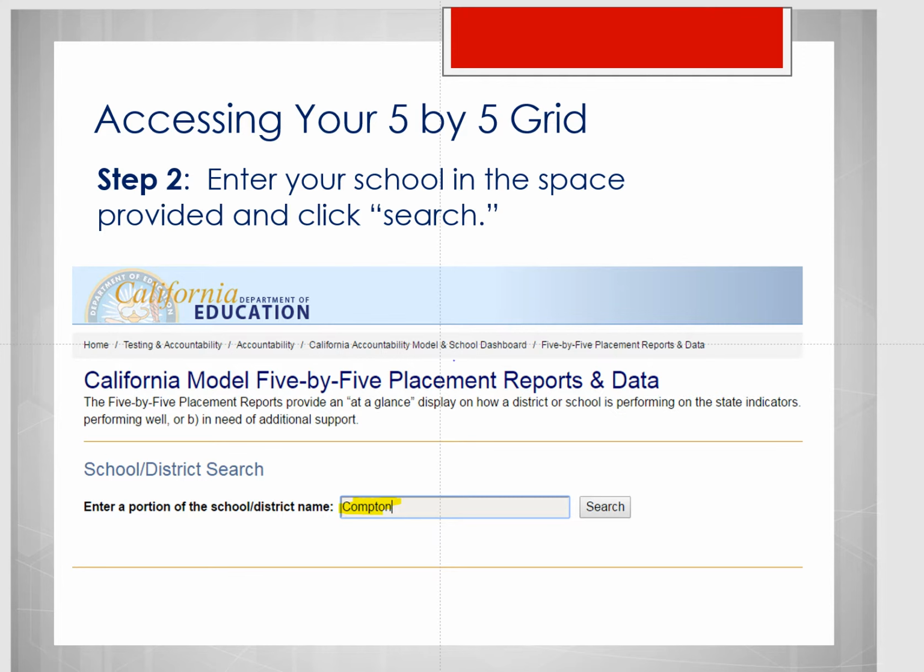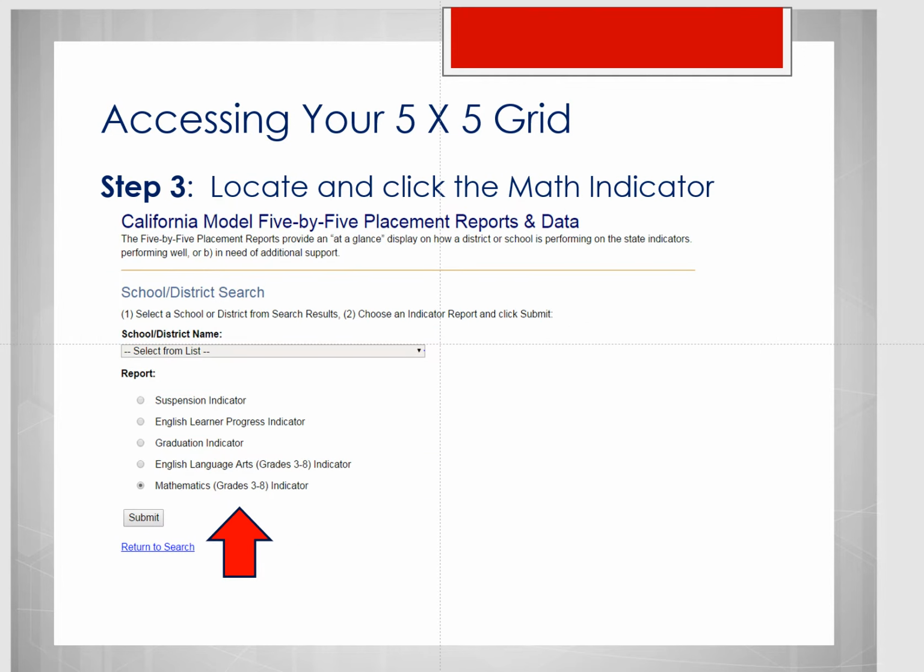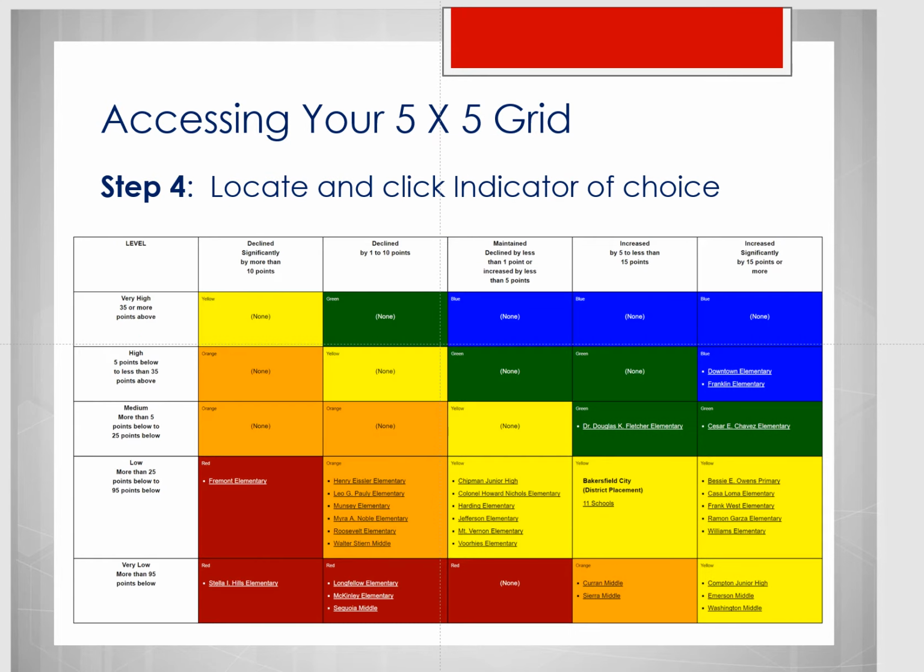From there, you're going to have a menu of choices available to you, such as the suspension indicator, English language progress indicator, graduation indicator, English language arts grades 3 through 8 indicator, and mathematics grades 3 through 8 indicator as well. We're going to select the math indicator. Looking at the math indicator, you see this 5x5 grid.